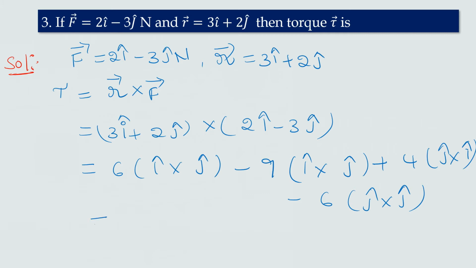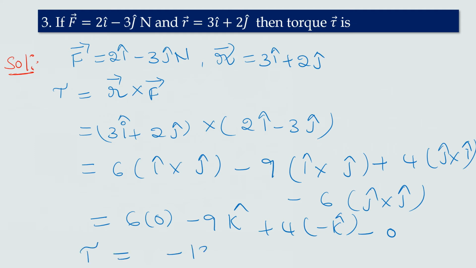Here i cap cross j cap is k cap and j cap cross j cap is 0. So 6 into 0 minus 9 k cap plus 4 of minus k cap minus 0. So tau is equal to minus 13 k cap. Okay. Next we will go to the next.